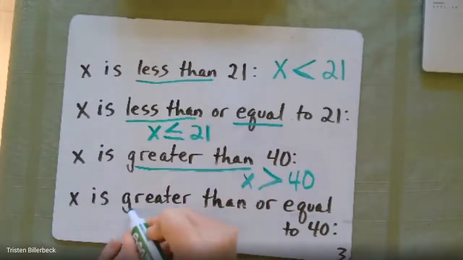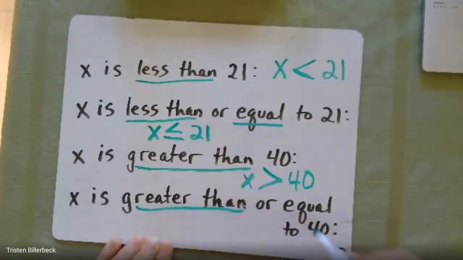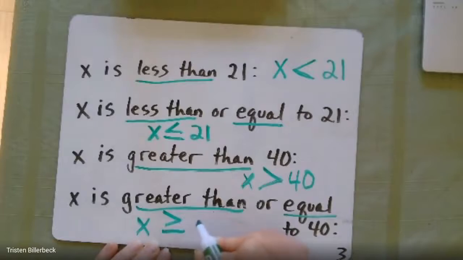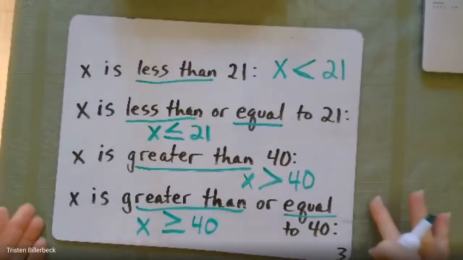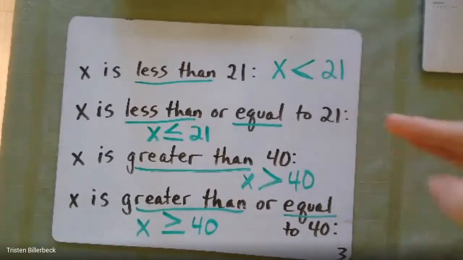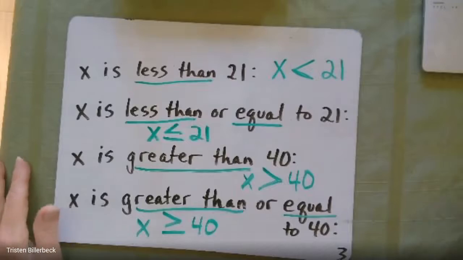And this one we have greater than or equal to. So we have X is greater than or equal to 40. So there you have it. How to convert what's being said to the actual symbols.